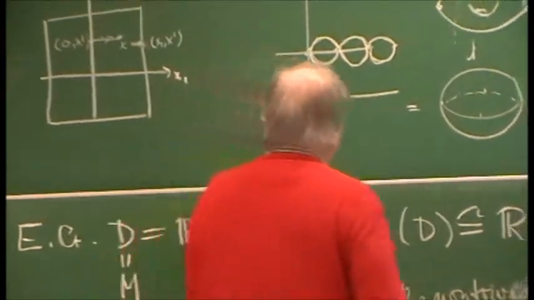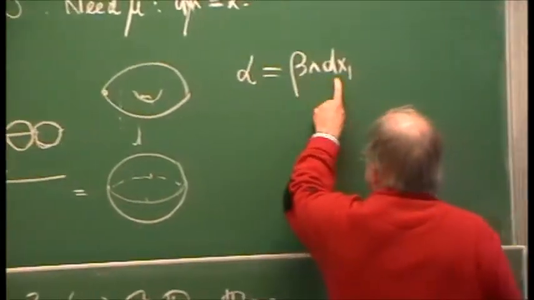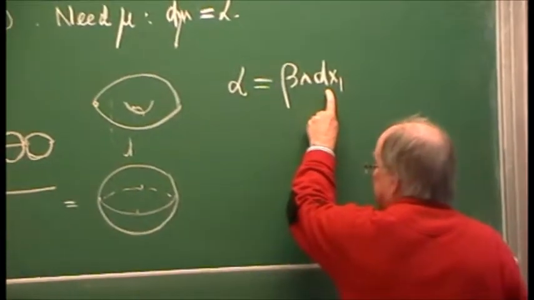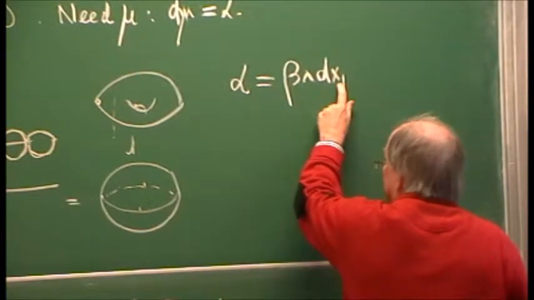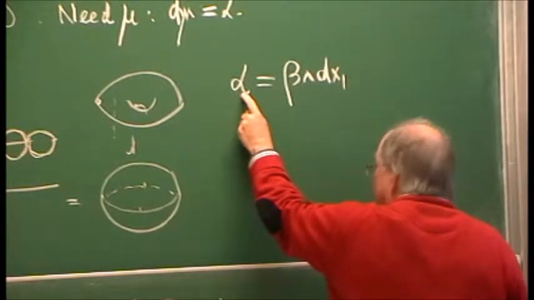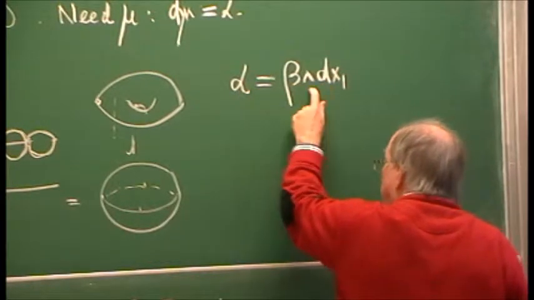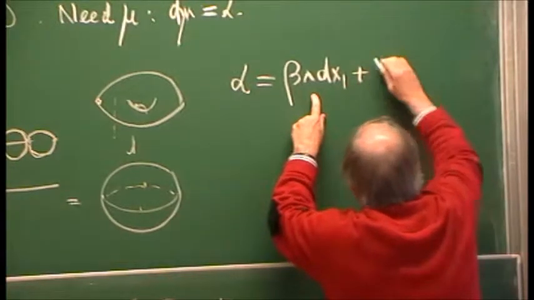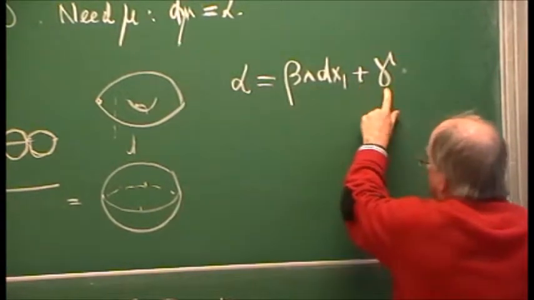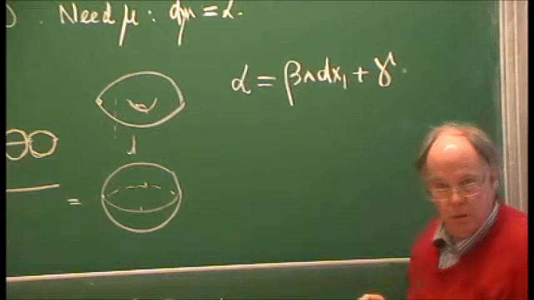Because alpha, this form here, has dx1 terms in it, because automatically, something wedged dx1. There may be terms in alpha that don't have dx1 in it, so this is a stupid idea, but no, it's not a stupid idea, it's the first idea, and then you say, let's add on the remaining stuff.